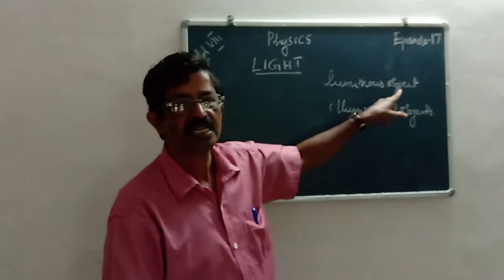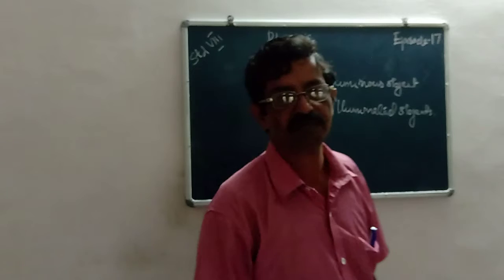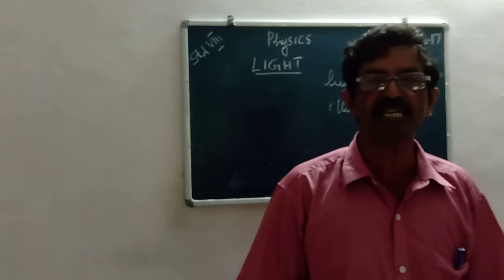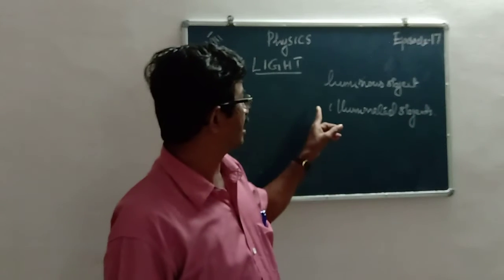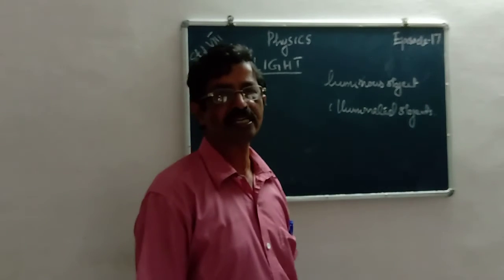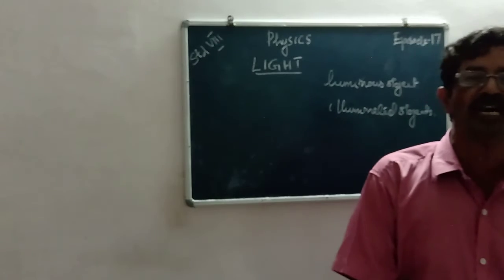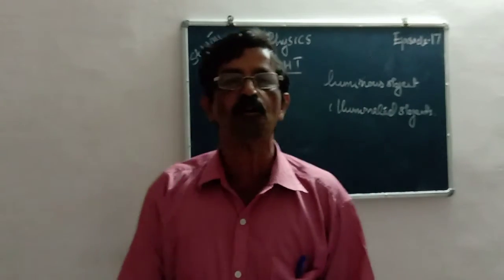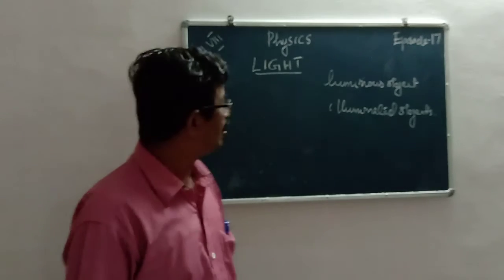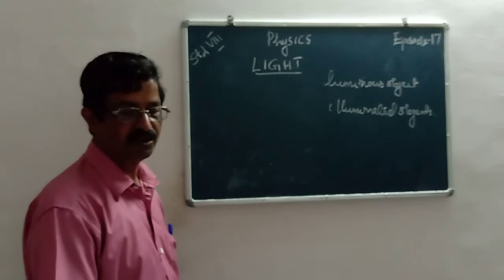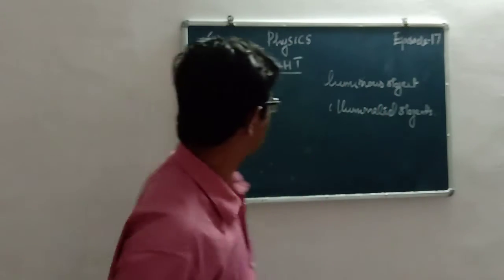One is luminous objects, which can emit light by itself. The other, which only reflects light that falls on it, is called an illuminated object. Now here we are going to discuss first the laws of reflection.